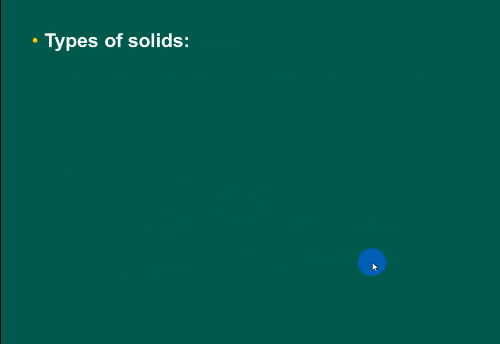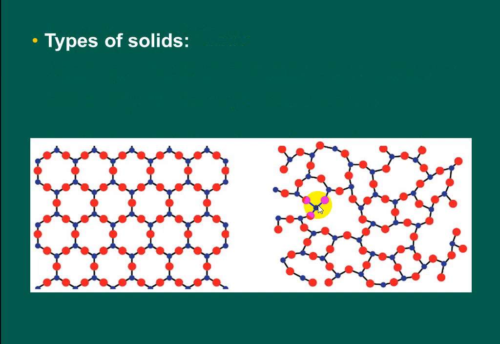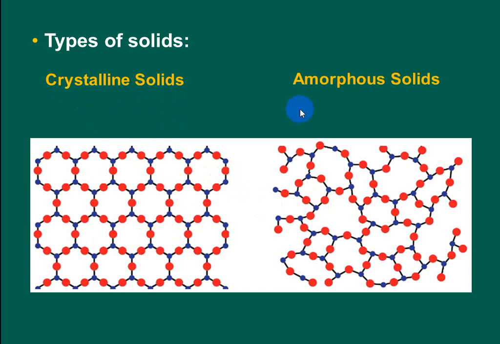Types of solids. What are the types of solids? Solids can be classified into crystalline solids and amorphous solids, or non-crystalline solids.